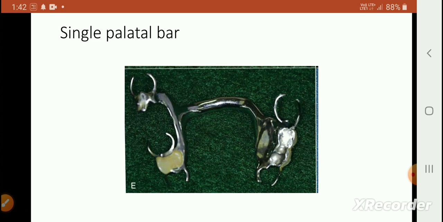These are the contraindications. It is indicated only in case of an interim partial denture, or for a temporary RPD.